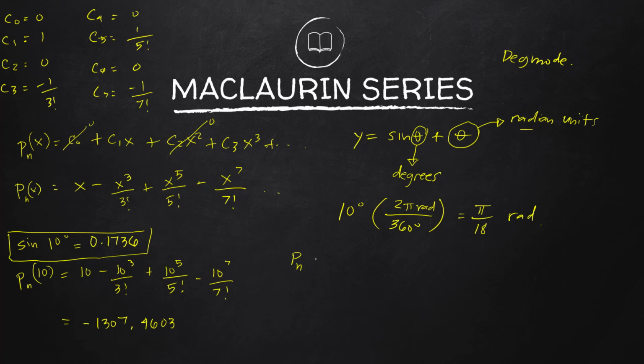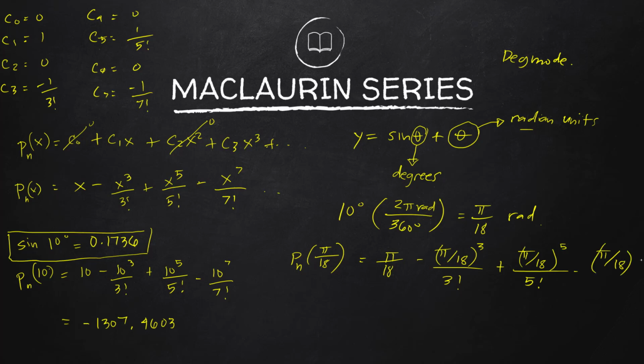So p sub n evaluated at pi over 18 is now equal to pi over 18 minus pi over 18 raised to 3 over 3 factorial plus pi over 18 raised to 5 over 5 factorial minus pi over 18 raised to 7 over 7 factorial.